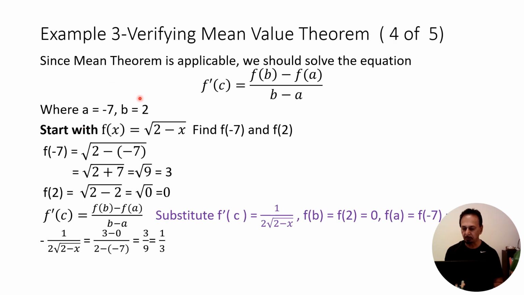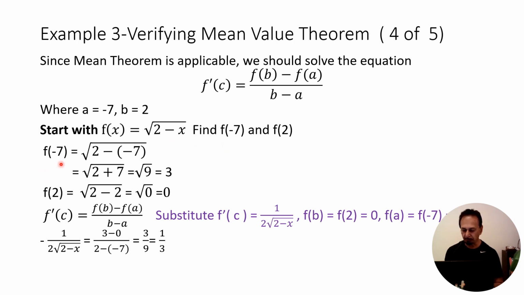Now since the mean value theorem is applicable, we should solve this equation: f prime of c equals (f of b minus f of a) over (b minus a). Now a is negative 7 and b is 2, and this came from the closed interval negative 7 to 2 that was given to us. Now we start with f of x equal to the square root of 2 minus x and find f of negative 7.